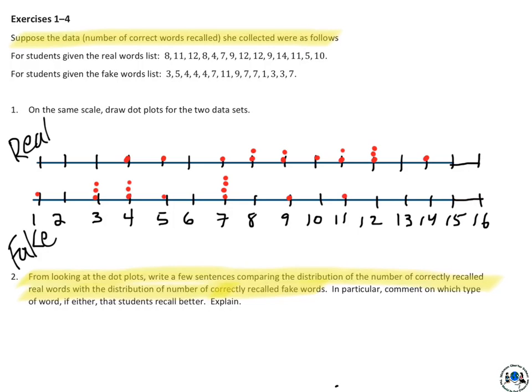In particular, comment on which type of word, if either, students recall better. It's good practice to explain what you see, to really interact with data distributions. And specifically, comment on which you think you can safely say they recall better.